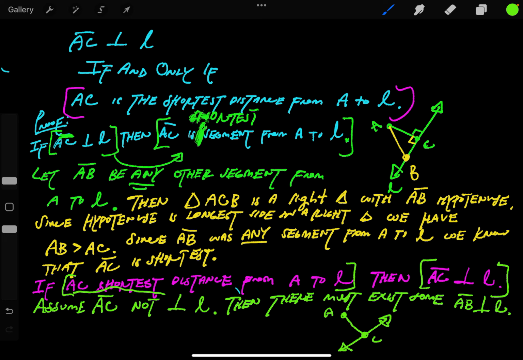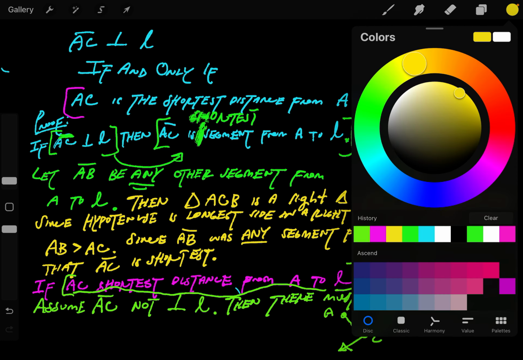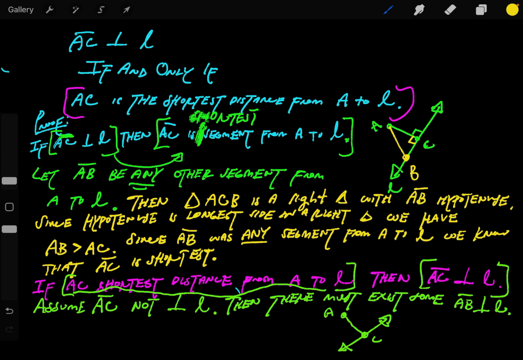It says AC is the shortest distance from A to L. And if we assume that this segment AC is not perpendicular to L, here's L, then there must exist some other segment AB that is perpendicular. So I'm assuming that AC is not perpendicular to L. Then there must exist some AB that is perpendicular to L.